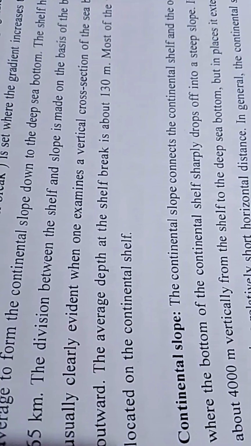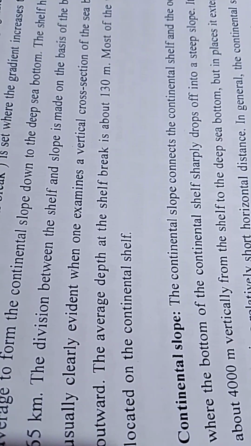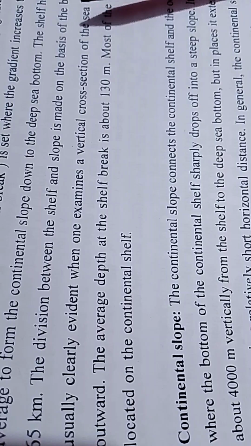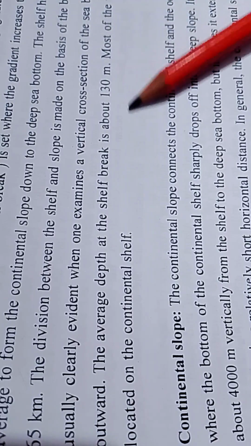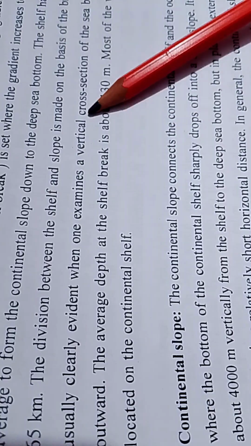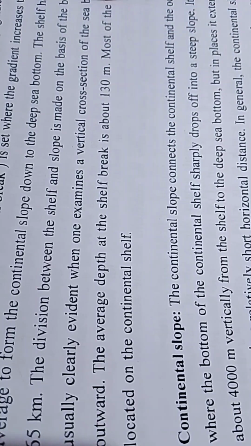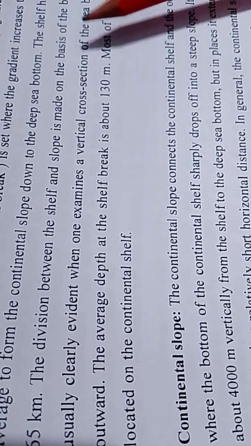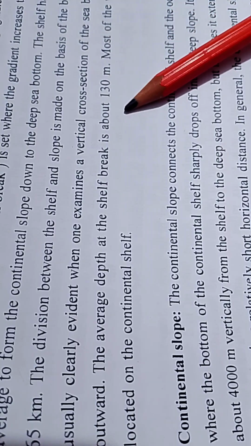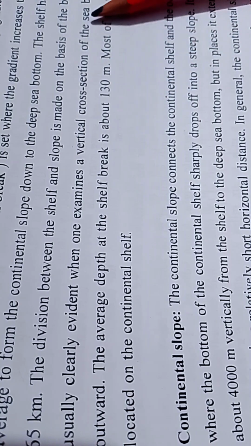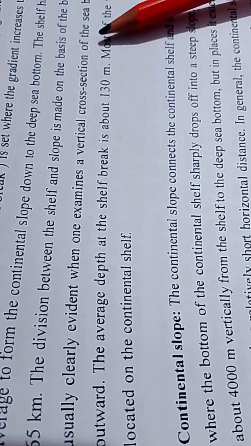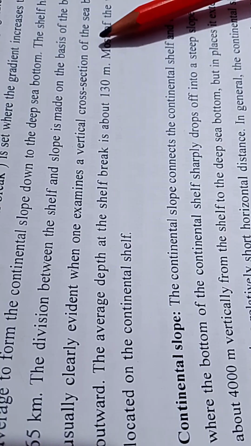The shelf has an average width of 65 km. The division between the shelf and slope is made on the basis of break in slope, which is usually clearly evident when one examines a vertical cross section of the sea bottom from the shore outward.